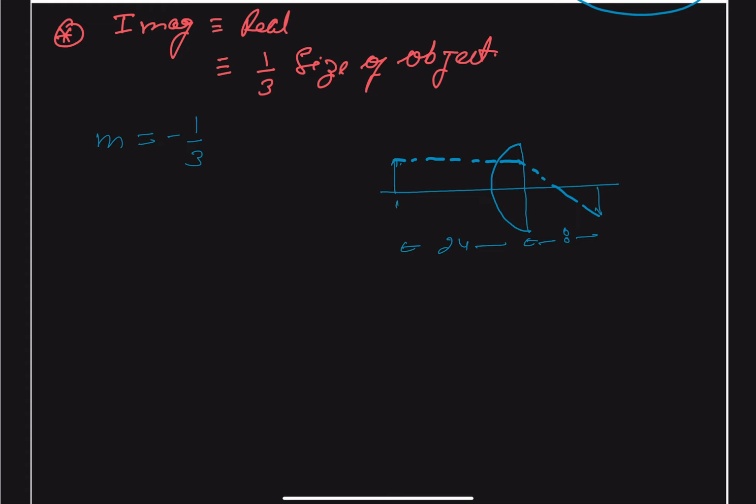This is our object and this is our image. So we can just calculate it also. Our m is equal to v upon u, which gives us minus 1 by 3. So this gives us that our u is equal to minus 24 meters.